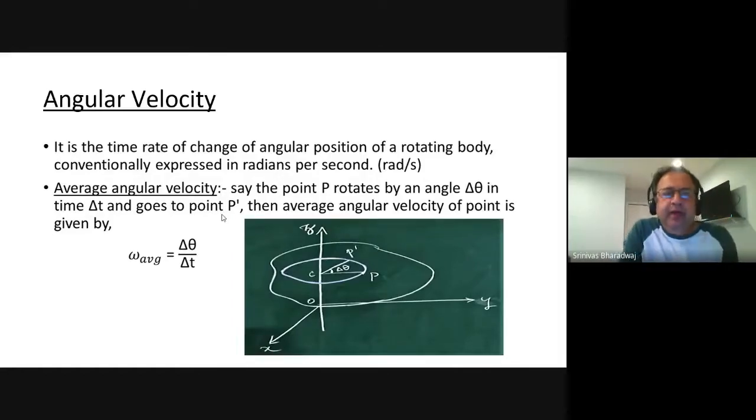So, as I explained before, the angular velocity is a vector, and it is the time rate of change of angular position of a rotating body.